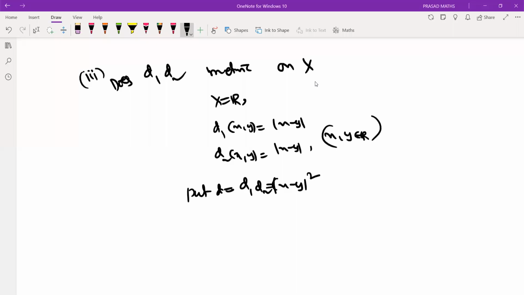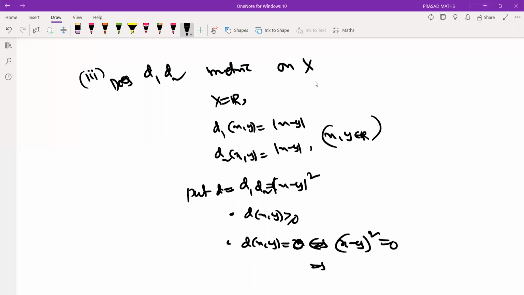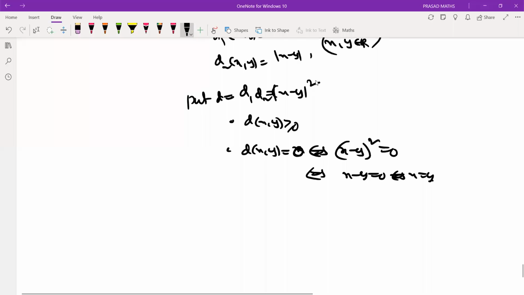There is no problem with non-negativity because the square is there; a square is always non-negative. And the distance between x and y is 0 if and only if x minus y whole square is 0, that is, if and only if x equals y. There is also no problem with symmetry because the square is there. Clearly x minus y whole square equals y minus x whole square, therefore it satisfies the symmetry property.